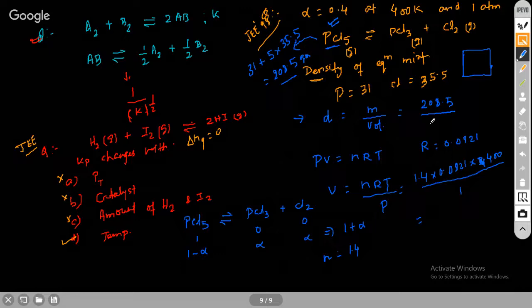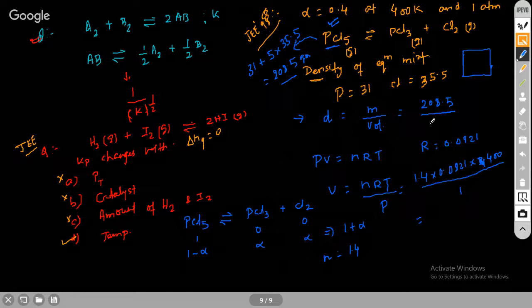You are getting a different answer there because of the number of moles, because at equilibrium PCl3 and Cl2 are also present, which have different numbers of moles. If you remember, we can use this formula only when we have one gas present. If we have a mixture of gases, we cannot use it, because the density we are calculating here is the density of the gas, one gas, not the density of the mixture.